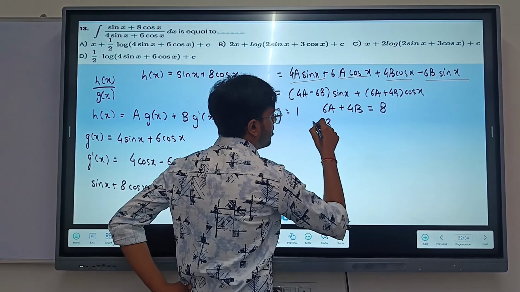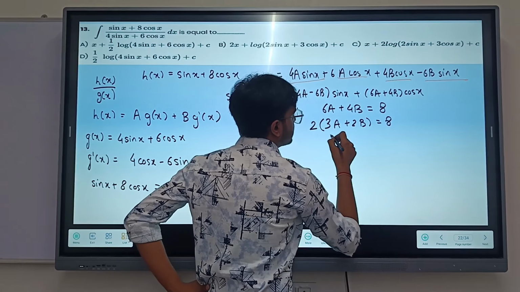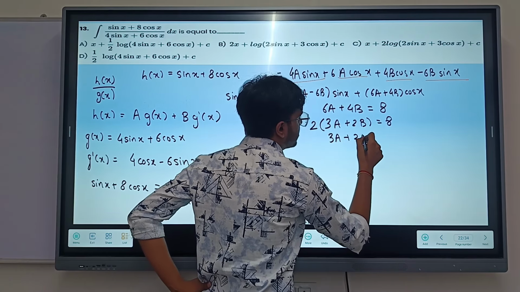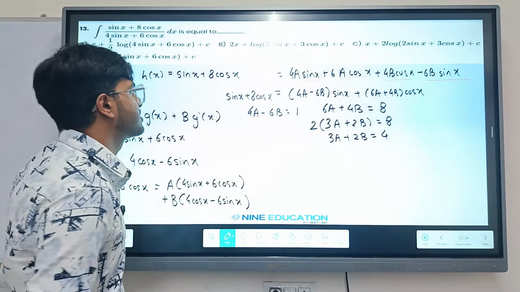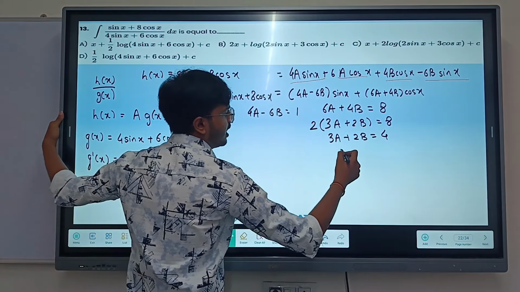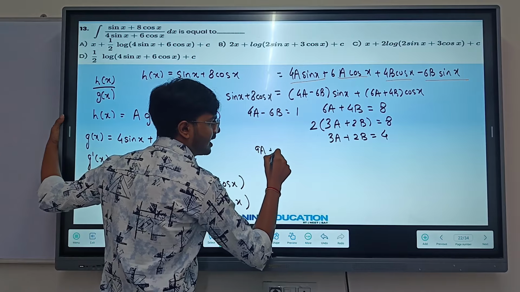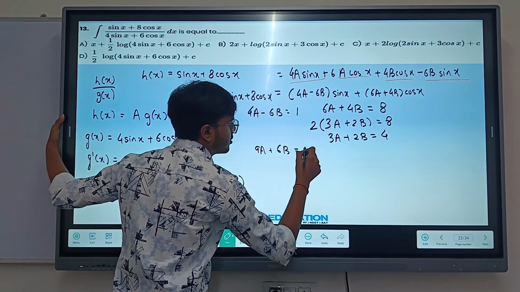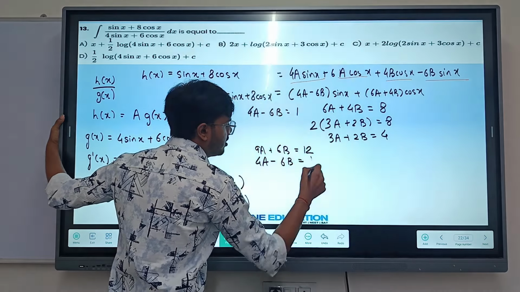I can take a 2 common: 2 times 3a plus 2b equal to 8. So 3a plus 2b equal to 4. Let's solve both of these equations. 4a minus 6b is there. I'll multiply this equation by 3: 9a plus 6b equal to 12. And here 4a minus 6b equal to 1.